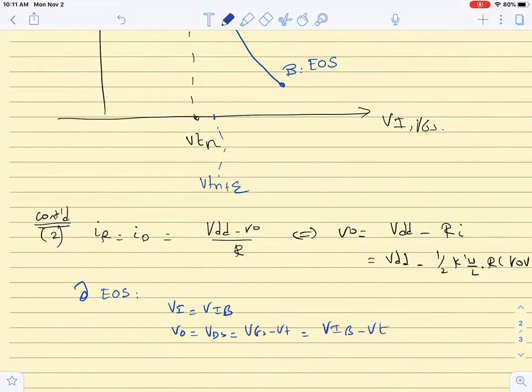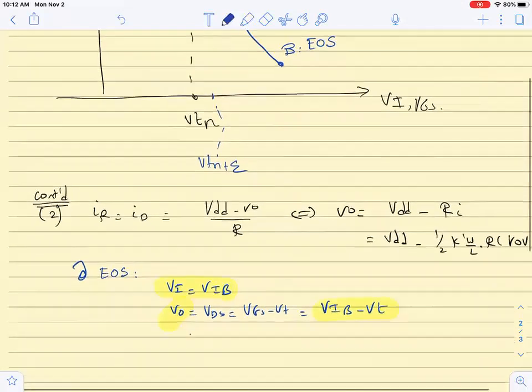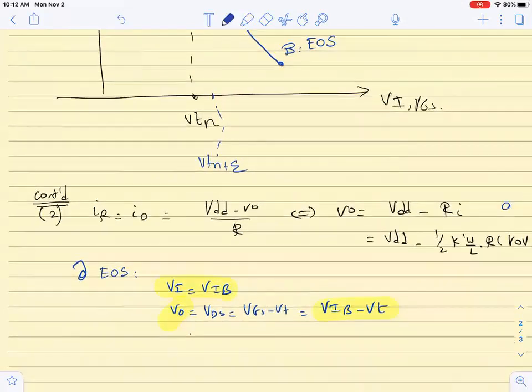So I know that in this case my VO is VIB minus VT, and I can plug this in equation A. So now we can plug it in equation A to say that VO is equal to VDD minus half K prime W by L times R times VGS minus VT.